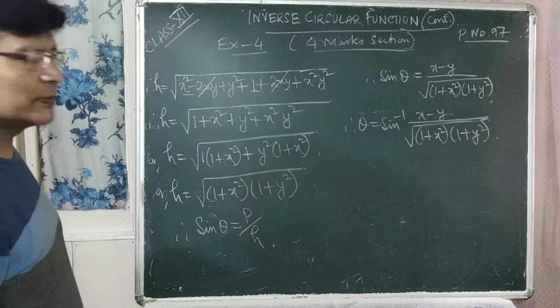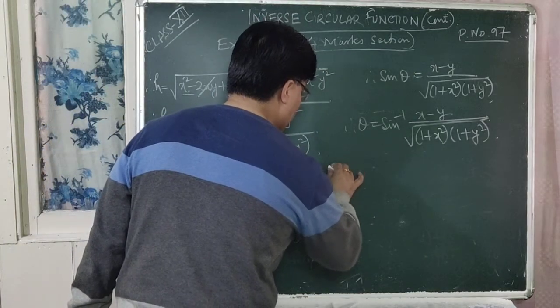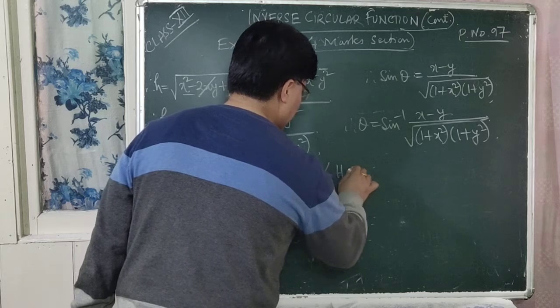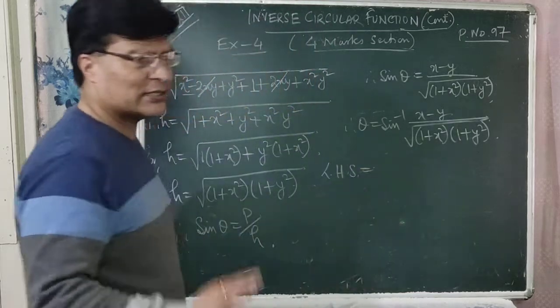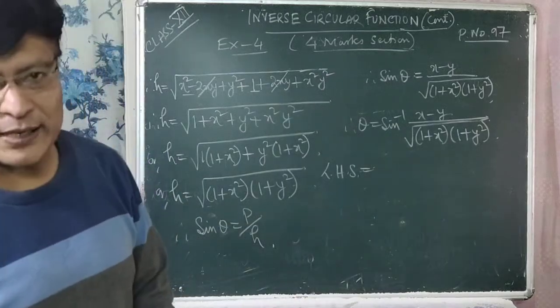So now, actually, we had from the left hand side, LHS is equal to, what was LHS actually? We had simplified tan inverse x minus tan inverse y, isn't it?